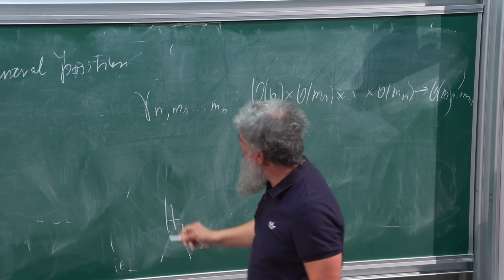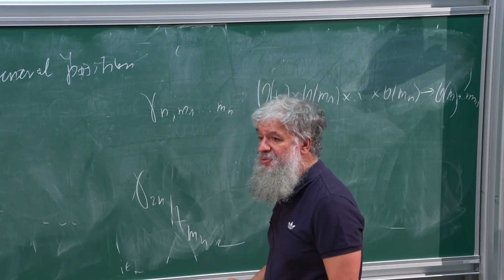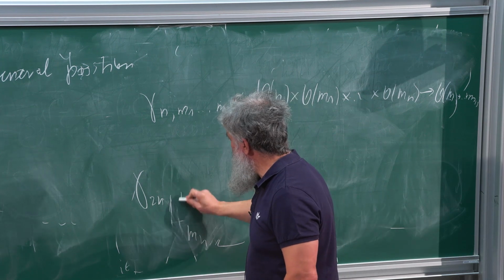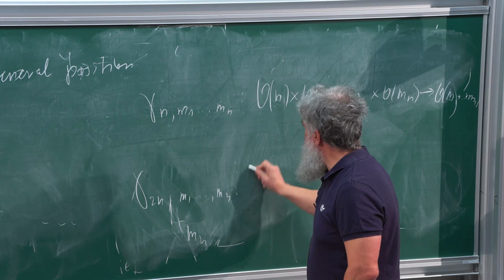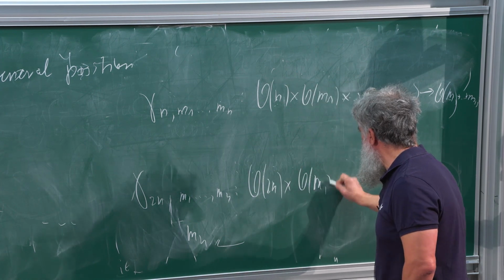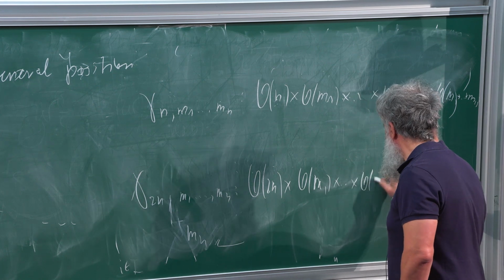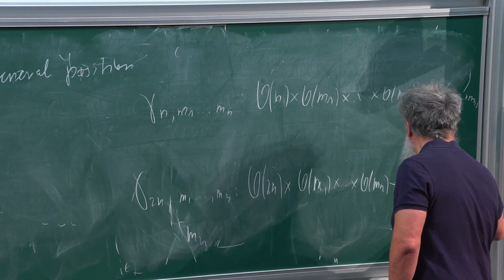But in this example, we have a map from O(2n) and then we have O(M1), ..., O(Mn), and this goes to O(M1 + ... + Mn).